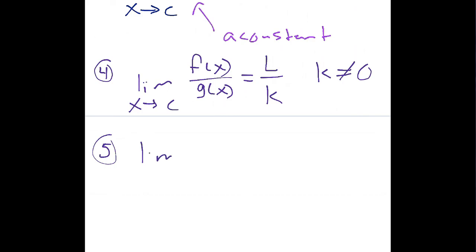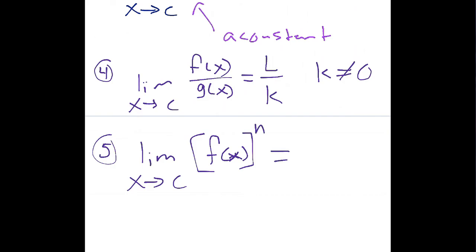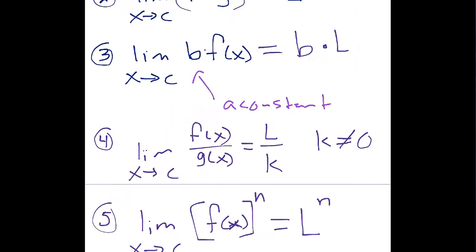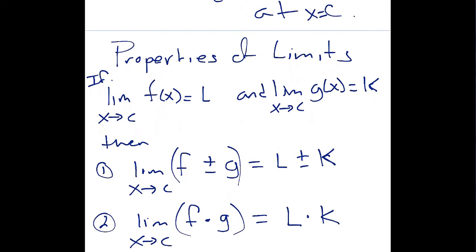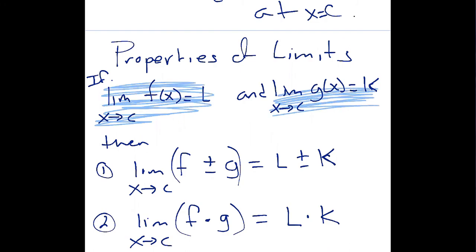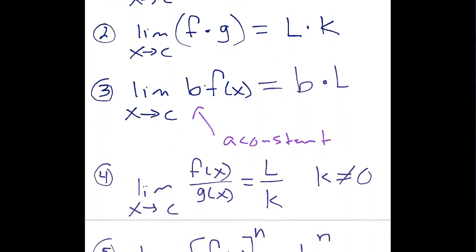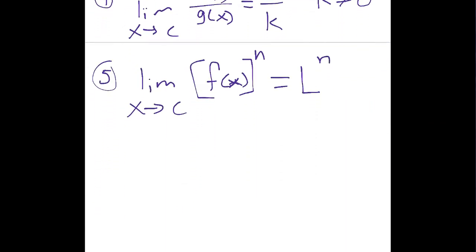The limit as x goes towards c of the function f of x raised to a power n is equal to L raised to that power. Remember, we're going all the way back up, and we're basing it on these two properties up here at the beginning, how we're generically defining it. So down here, that's what I'm referring to as L.